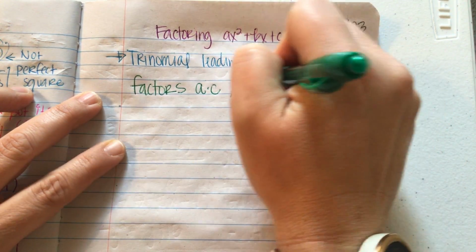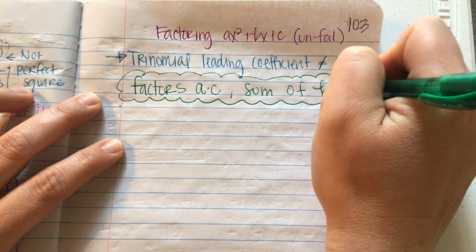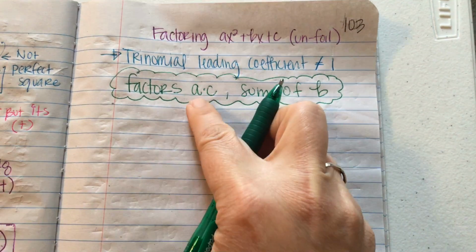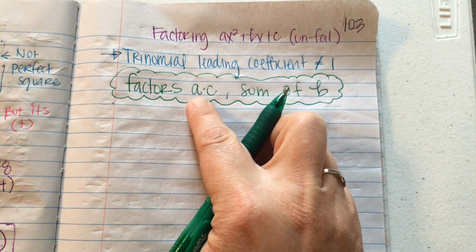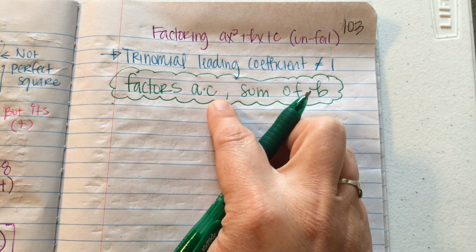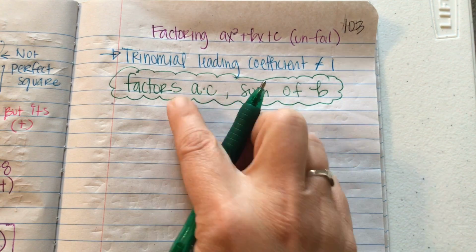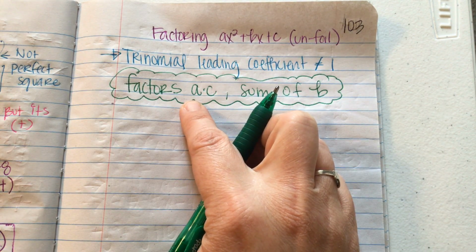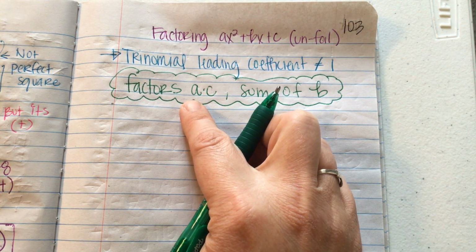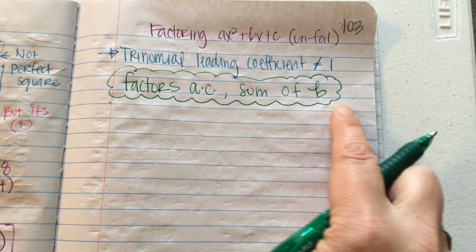In our previous problems, we really did this, we just glossed over it. We skipped it because the a value in our previous lesson was 1, and 1 times c doesn't do anything, so we didn't even think about it. But today, our a value is a number other than 1, so we're going to multiply a times c to get a sum of b.